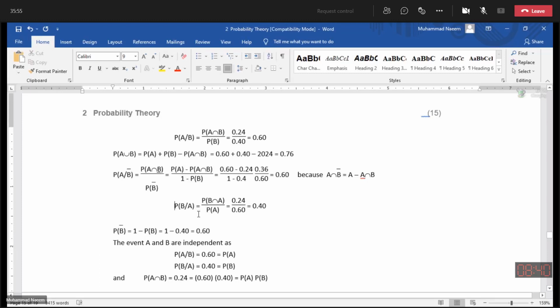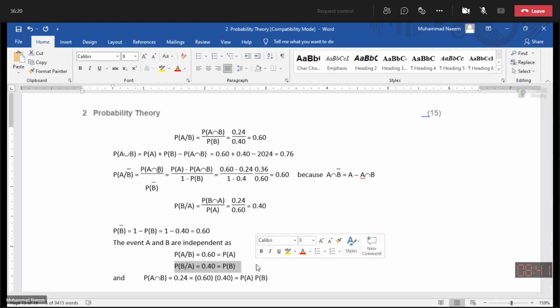Further, we need probability of B given A, and also B complement. Finally, as the conditional probability of A is equal to probability of B, and conditional probability of B is equal to marginal probability of B, hence they are independent.